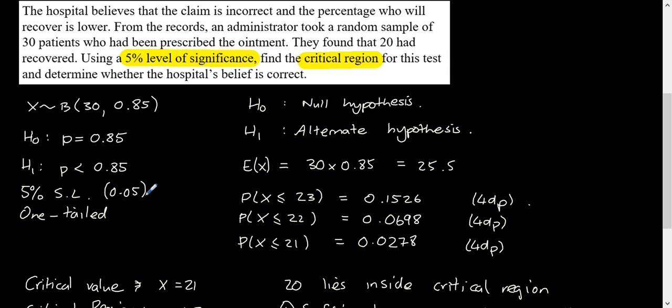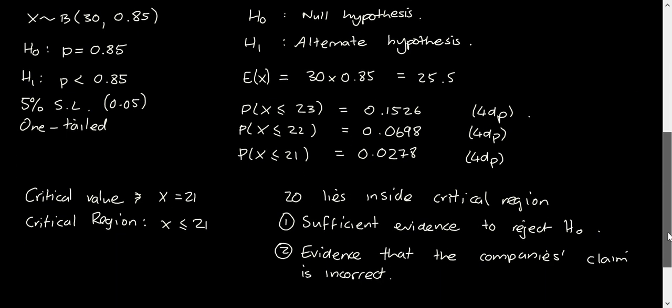That's what this means. How we use the significance level is we test some probabilities until we find one that is less than the significance level. As soon as we found a probability less than the significance level, we have our critical value, meaning below this number, everything is significant. So we got 21.